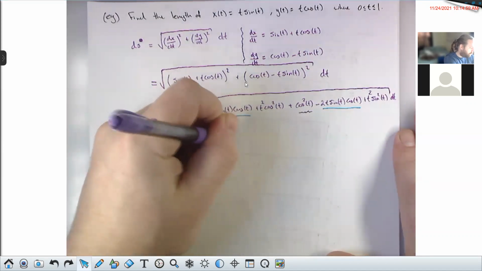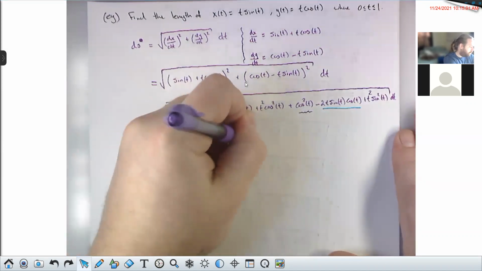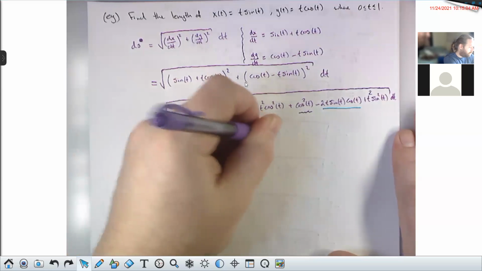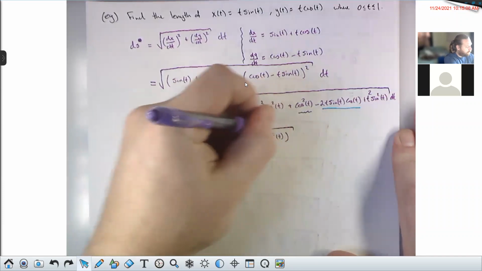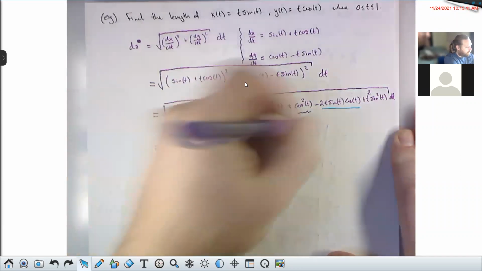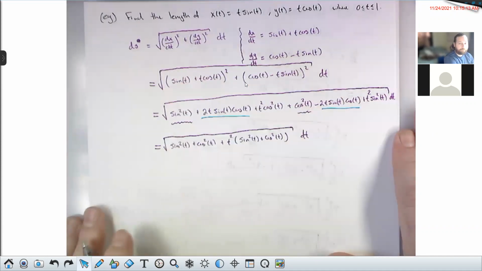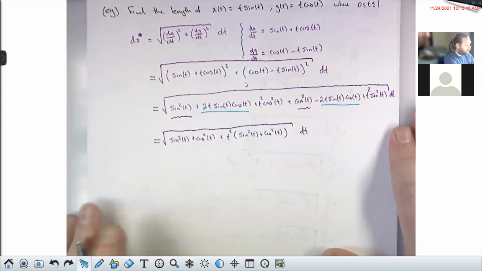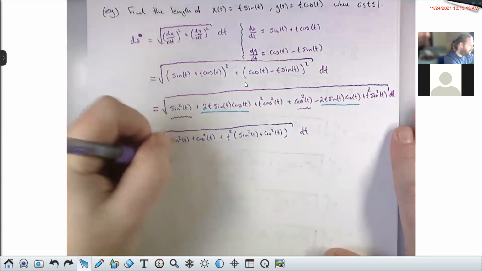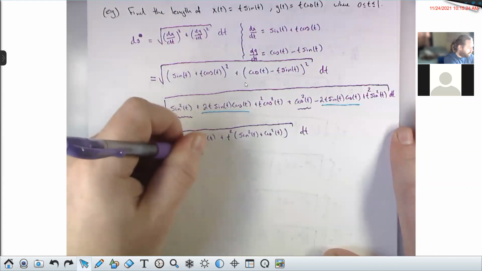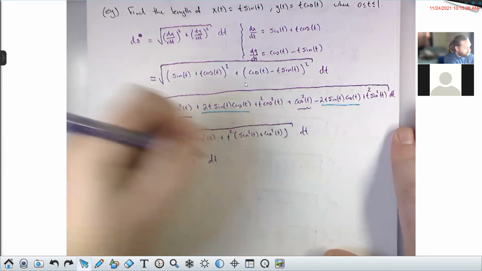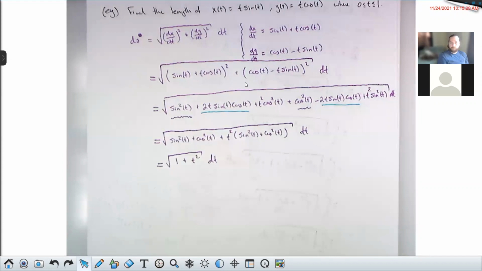I can write that as plus t squared times sine squared t plus cos squared t, factoring out t squared. Sine squared plus cos squared is 1 in each of those instances. So this is 1 plus t squared. So ds is the square root of 1 plus t squared dt.